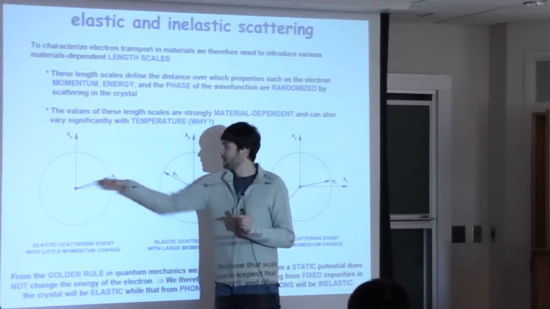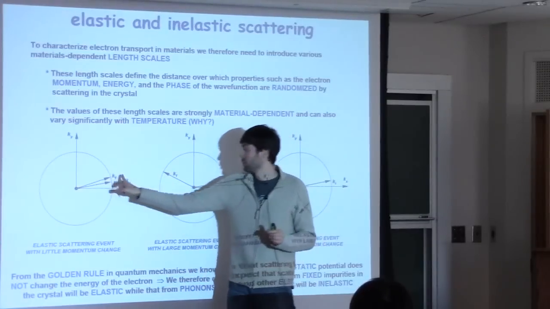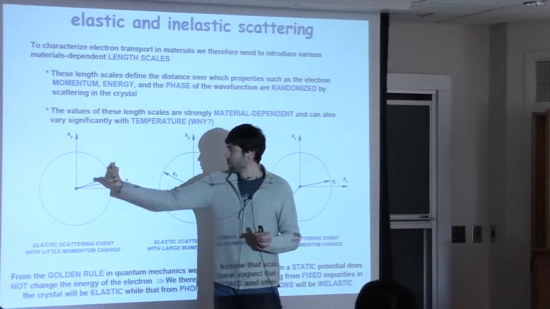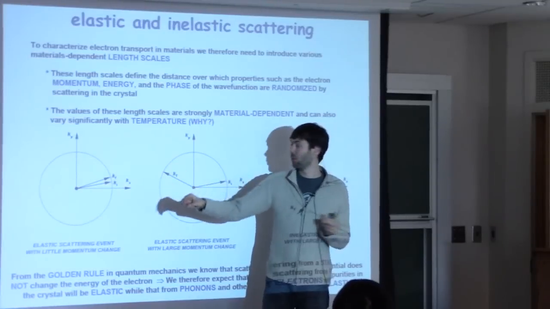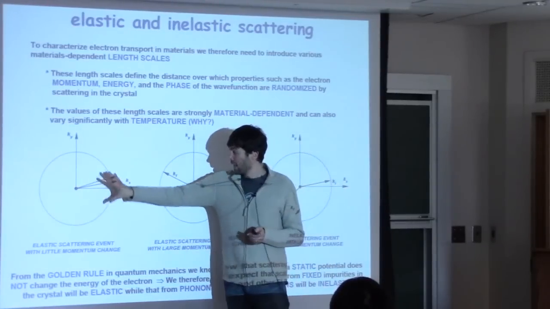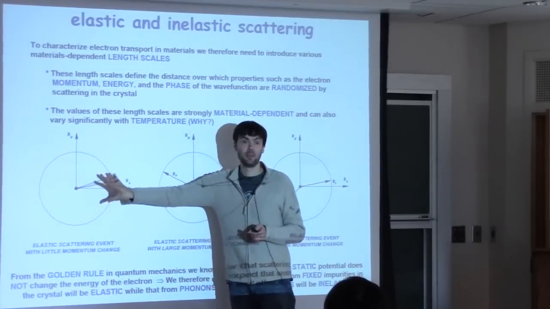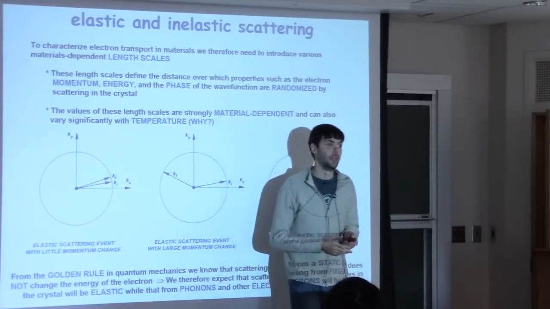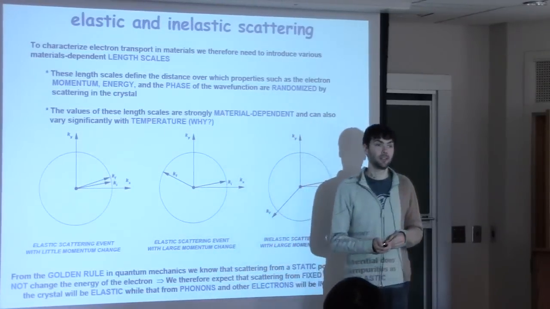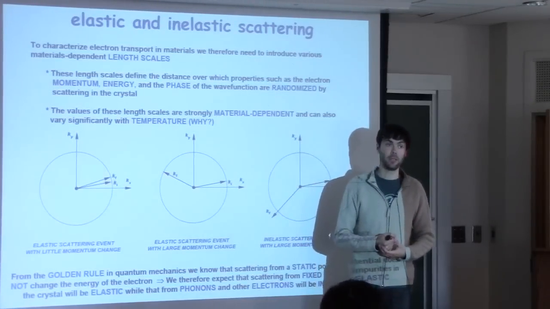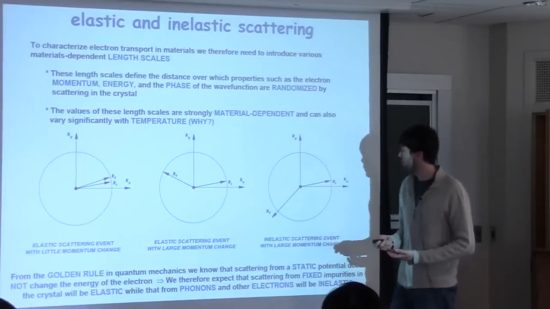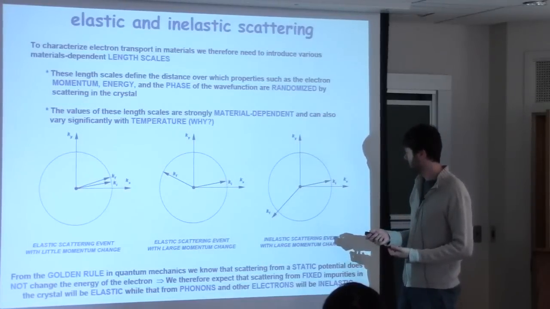Roughly the momentum will be pointing in this direction. It will just diffuse around this point, and so it will be a much longer distance before it's completely randomized. Actually this type of scattering is very important in high quality semiconductors like gallium arsenide two-dimensional electron gases, probably also in graphene, for example.